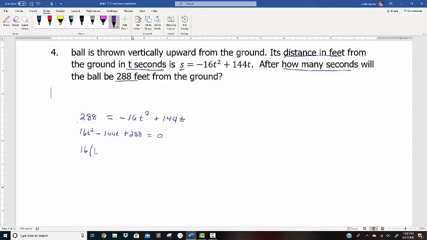So I have t squared left when I divide 16 into 16. Then when I divide 16 into negative 144t, I get 9t. And I divide 16 into 288, I get 18.